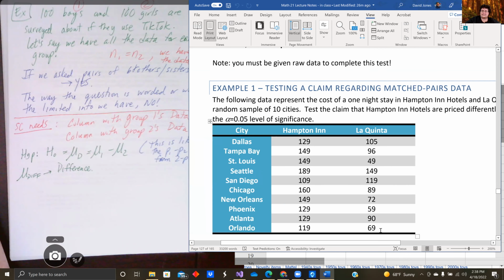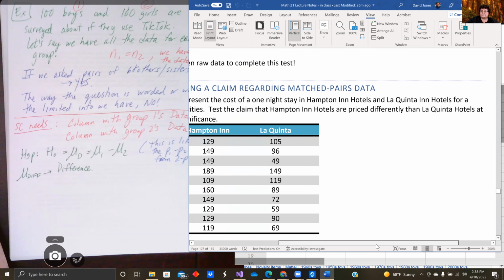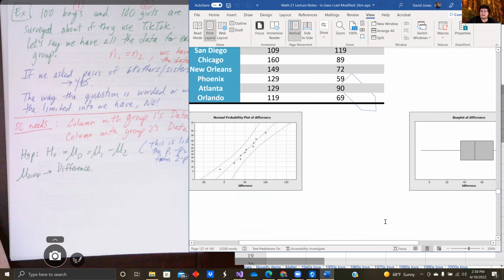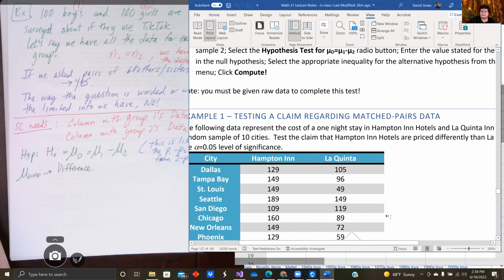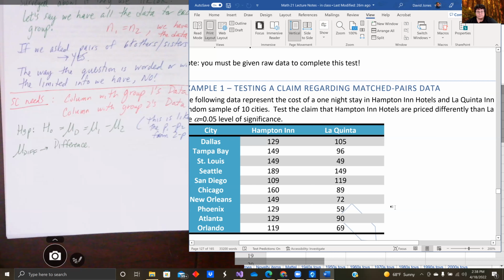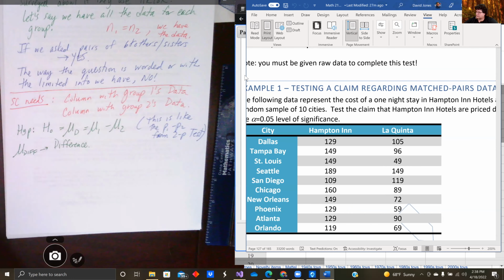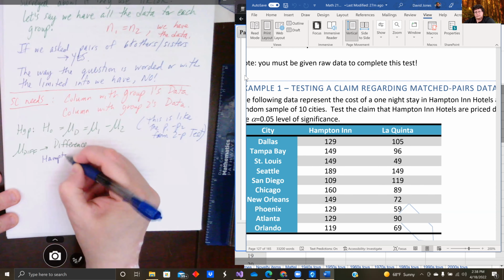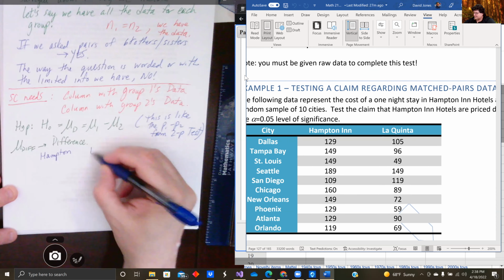Okay, and they did 10 cities. And let me write down the numbers here real quick if we need them up. That way I can type them in a little bit easier. So my Hampton and La Quinta.